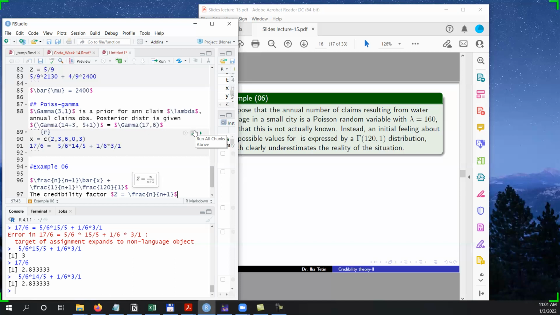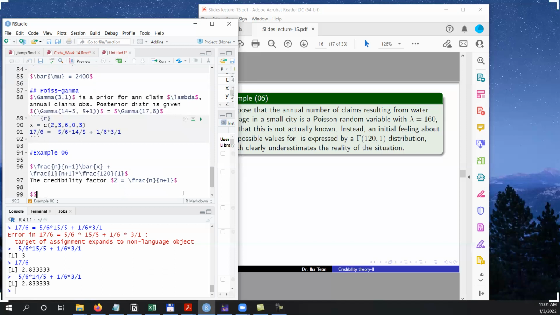For example, if the prior were not the gamma 120, 1, but, let us place large values like 968, 8, a distribution with the same mean 120, then the corresponding credibility factor would be quite different. So these values would change, and the factor would be like n over n plus 8, less than n over n plus 1, right?